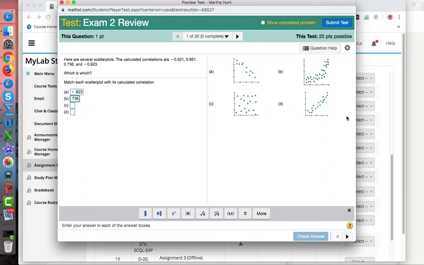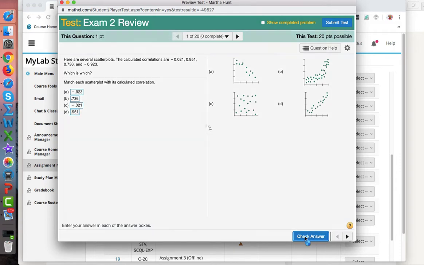For the practically no association, I'm going to pick a number close to 0, negative 0.021. And for the strong positive, I'm going to pick a number close to 1, 0.951. Let's check our answer.